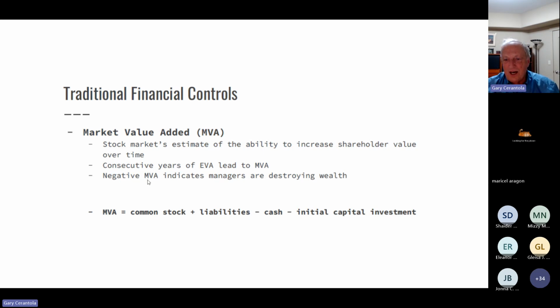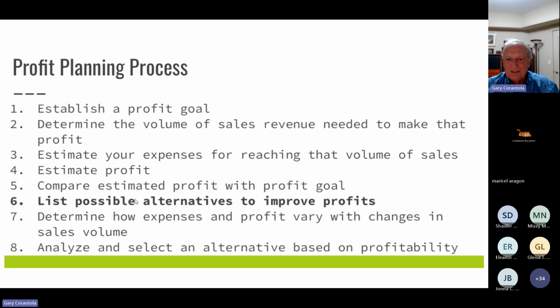How do you do that? You look at the common stock plus the liabilities minus the cash and the initial capital investment. If your market value add is growing, it means your shareholders are going to be happy, and you're going to entice more people to come in and buy your stock. That's how that works.